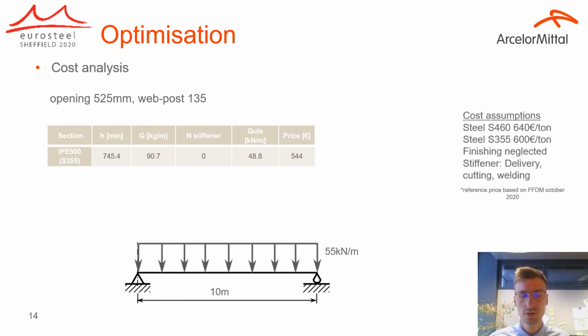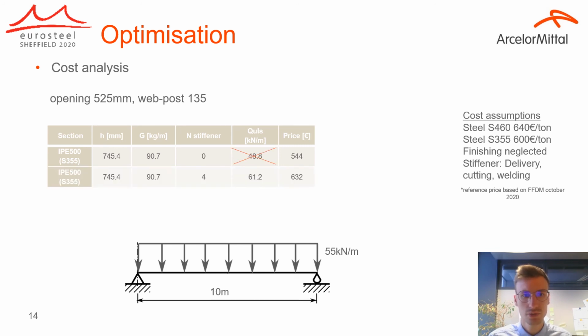Here is another example, considering a 10-meter beam with a targeted bearing capacity of 55 kilonewton per meter. Again, the opening diameter and the web post widths are fixed, but now we have no constraint on the steel grade. The first solution proposed is an IPE 500 S355, and we do not reach the targeted bearing capacity.